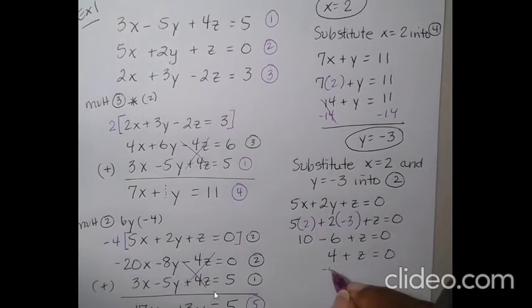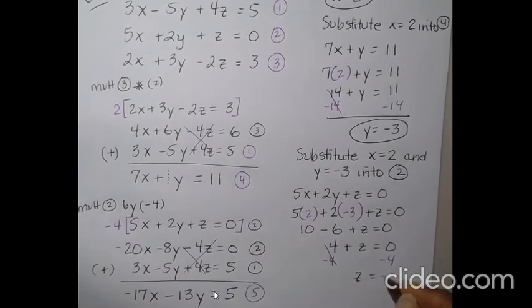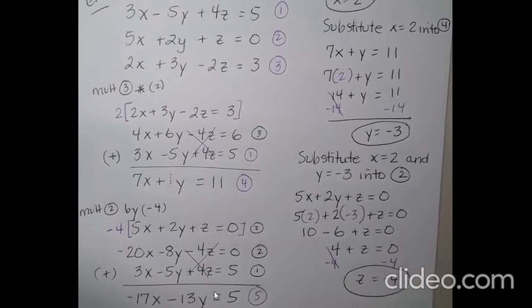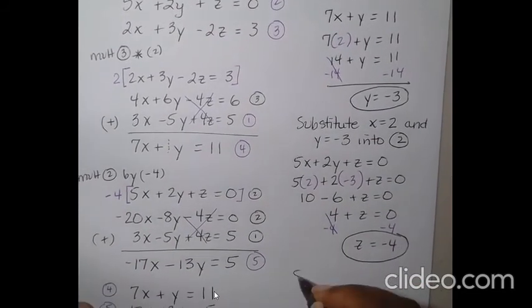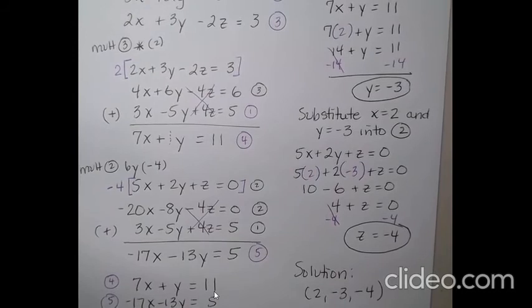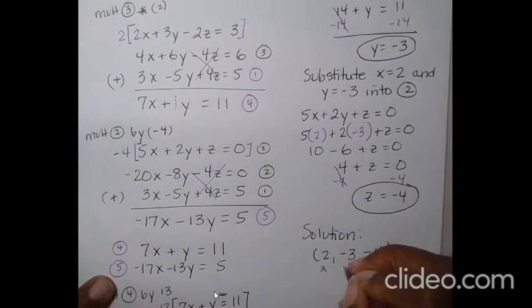Let's subtract 4 from both sides. And z equals negative 4. So our solution to this system of equations is 2, -3, -4. This is our x value, our y value, and our z value.